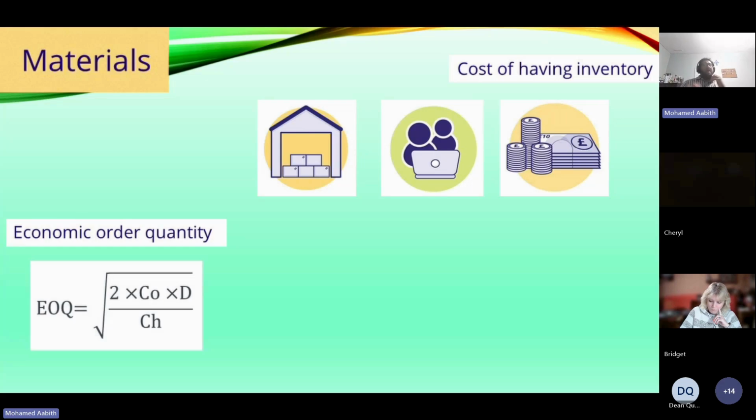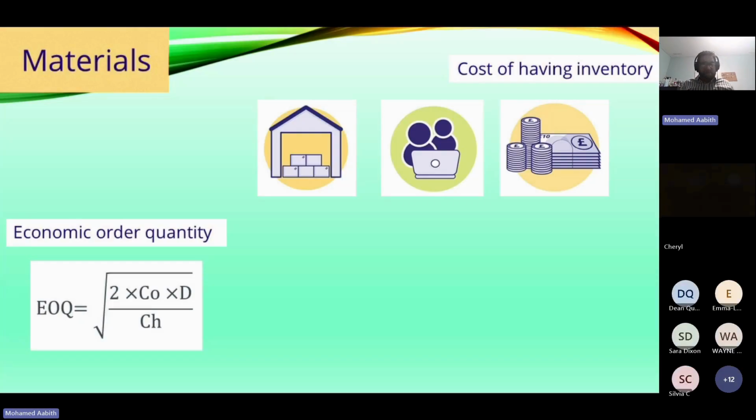That means if I have £10,000 cost of holding, including the rent, the rates, the heating cost, insurance, warehouse supervisor, and I have 100,000 items, then one item would cost me £10 holding cost. That is annually. One year, that's what it'll cost me.